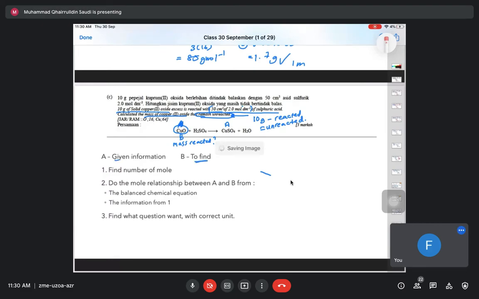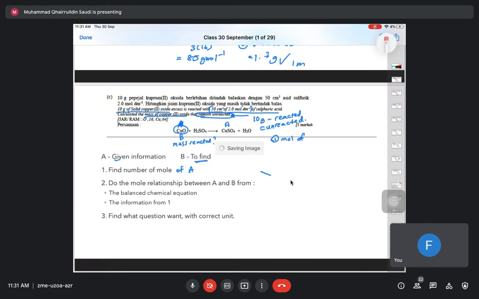Given A. So, number 1, find the number of mole of A. Siapa A? Tadi. Siapa A kita? Solid copper. Sorry?